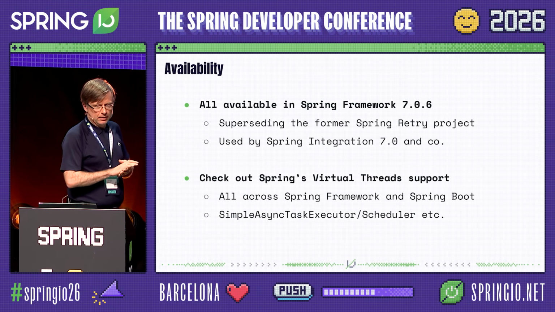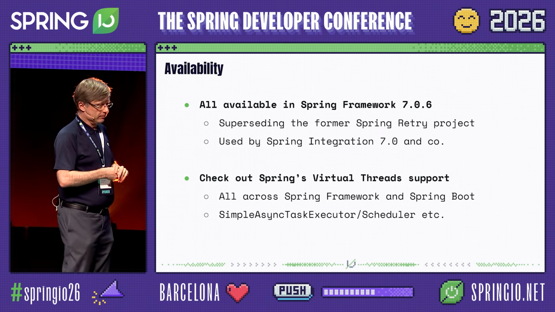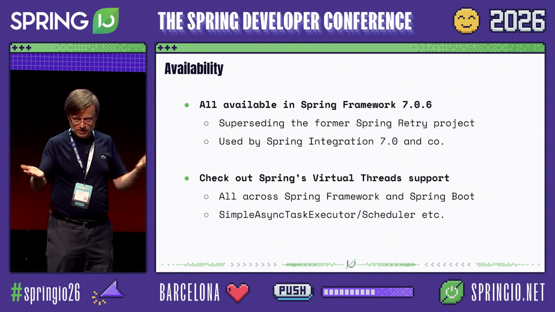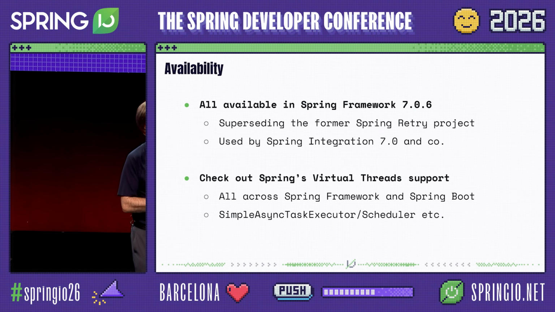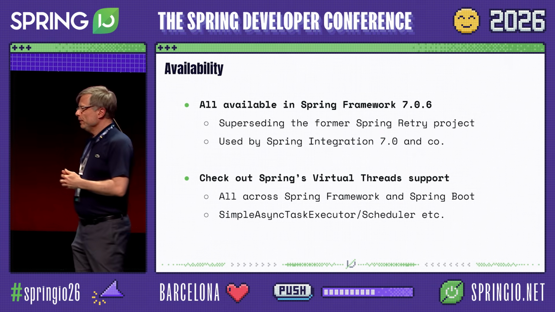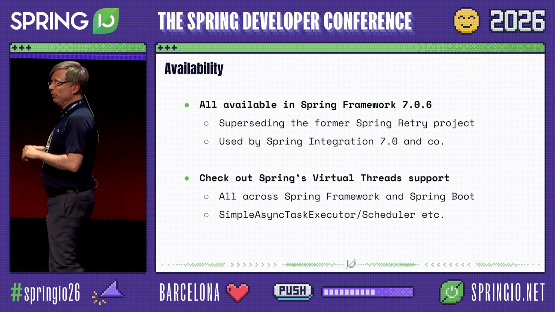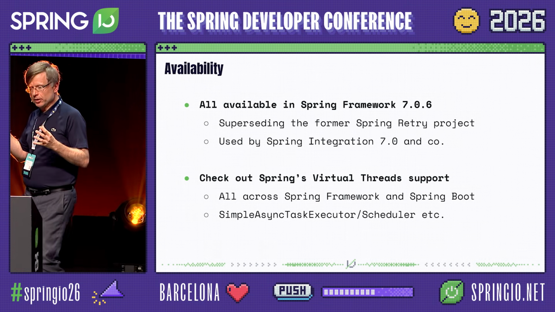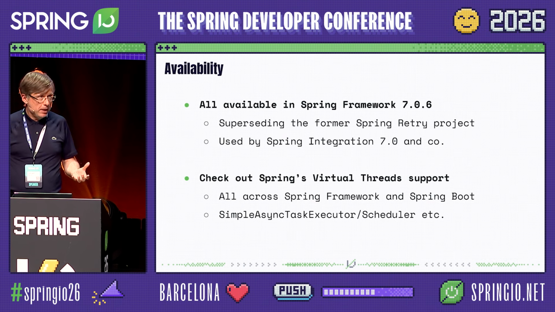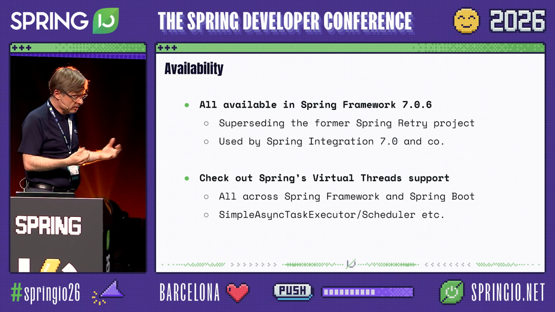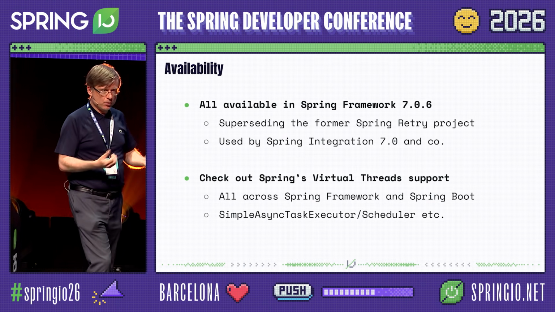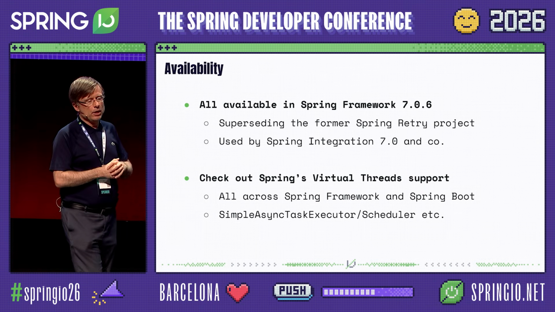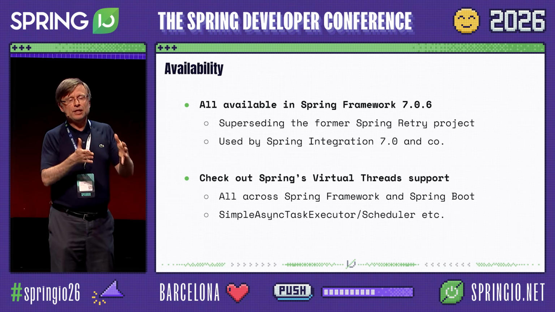All right, so all of these facilities, all of these options are available in Spring Framework 7.0.6, the latest at this point in time. It is effectively superseding the Spring Retry project for portfolio purposes. So within the Spring portfolio, say in Spring Integration, Spring AMQP, Spring Kafka, in various projects in the wider Spring ecosystem, you'll find, in the current generation, use of these facilities.